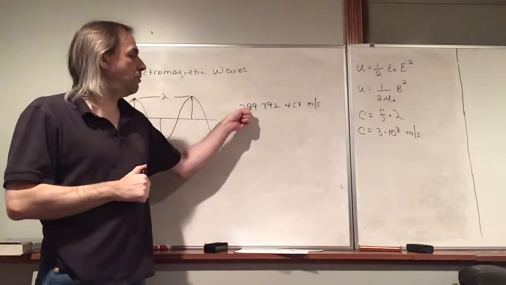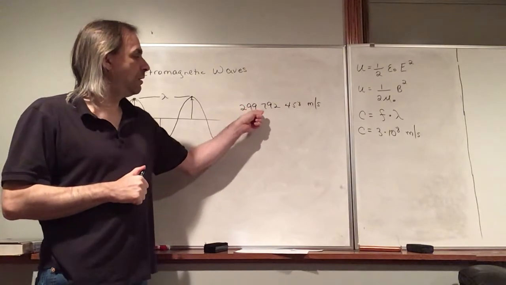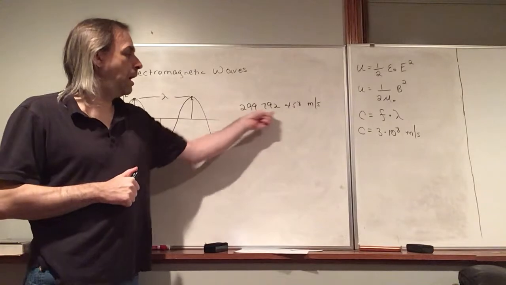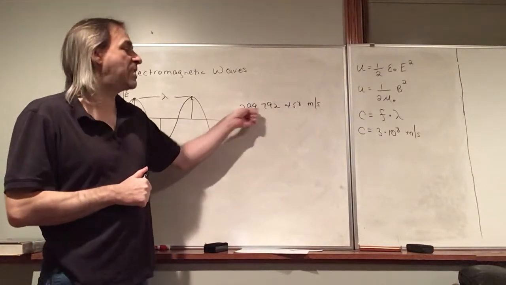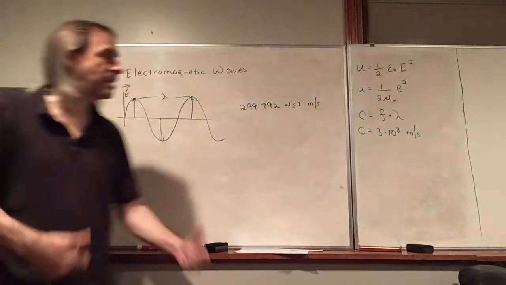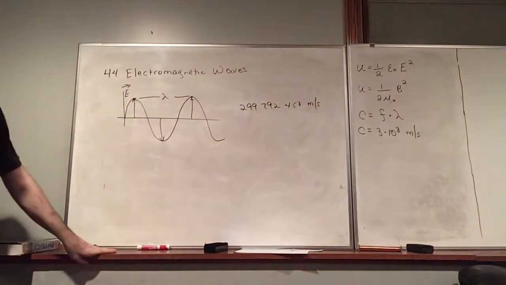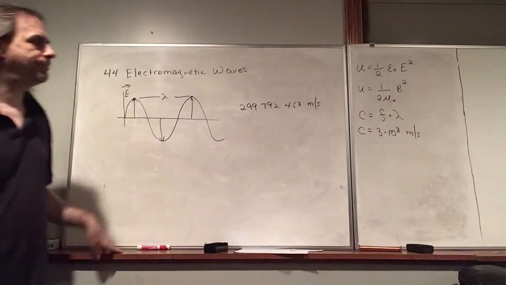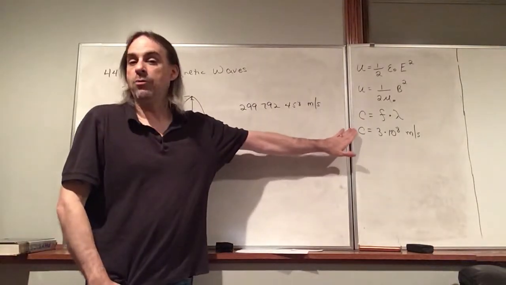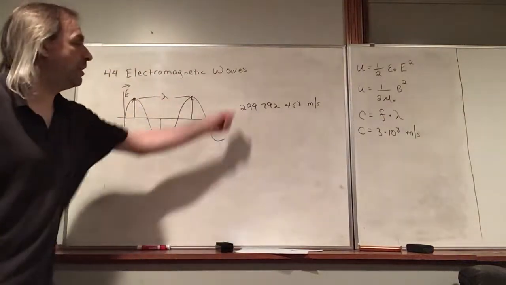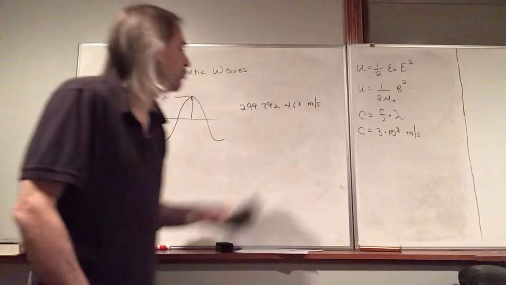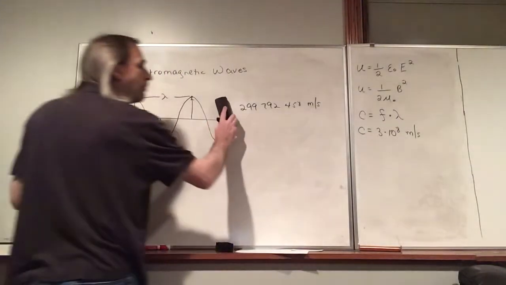So if you stop at 4 significant figures, you'd round this up to 3 times 10 to the 8. This is a good enough number for anything we're going to do in this class. You wouldn't use the exact value unless you're doing something with extreme precision, way more than we need.